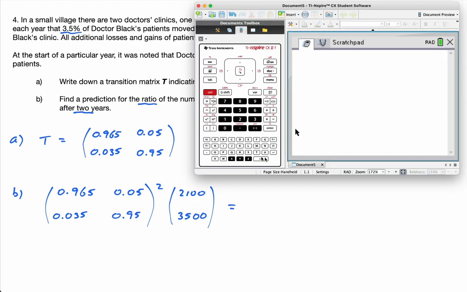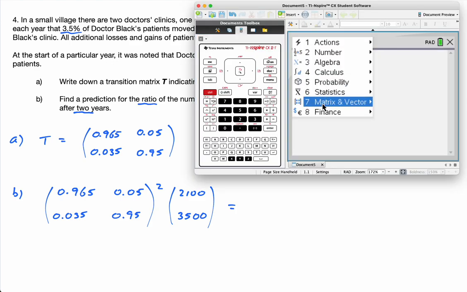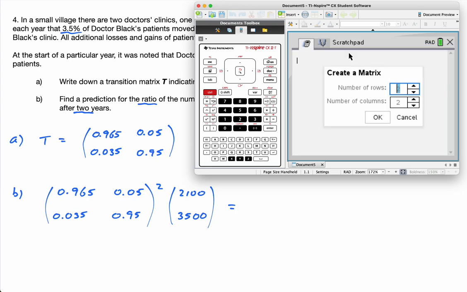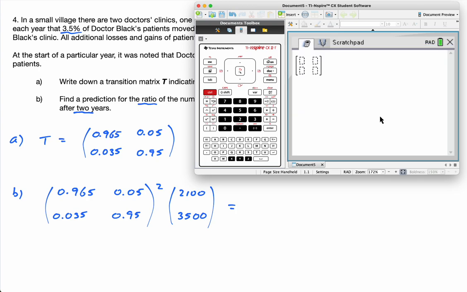Okay, so I'm going to do this with my calculator, definitely. Matrix, create a 2x2 matrix, 0.965, 0.05, this is 0.95, and this is 0.035.